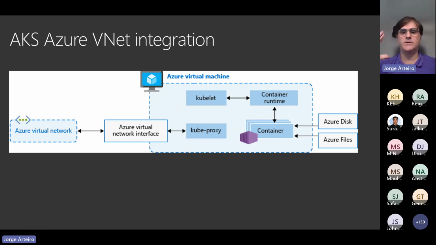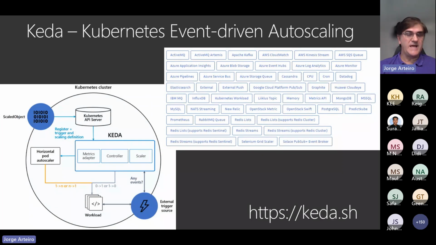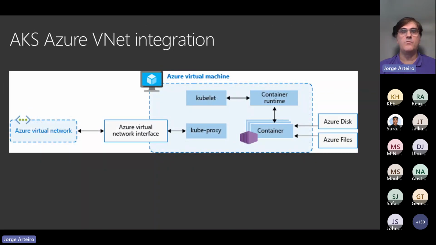Imagine that your ASP.NET application or Python application that you want to connect with Azure Files on Azure, or have an Azure disk running there. You can do that with containers as well, the same way they do with virtual machines. Okay, that's pretty much how a Kubernetes cluster works.